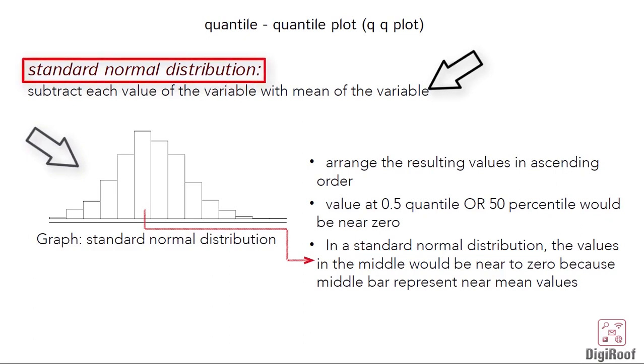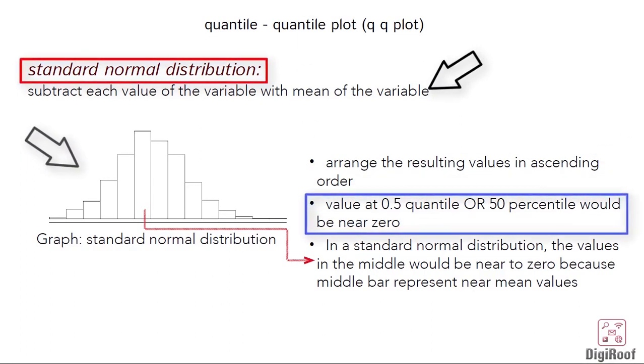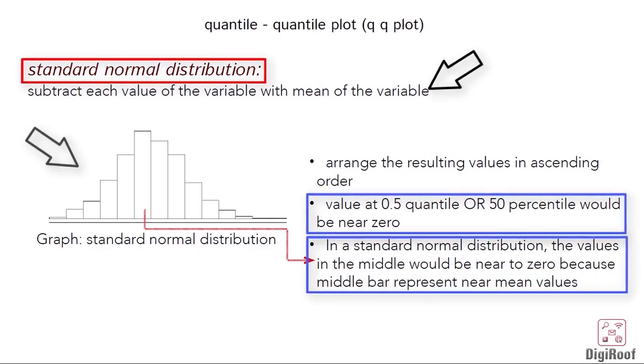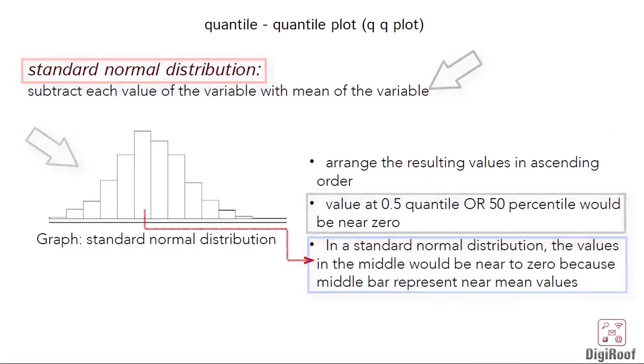Since the distribution is a standard normal distribution, at 0.5 quantile or 50th percentile of this distribution, we would have values that are either 0 or near to 0. If you think about it, for a normally distributed variable, the values at 0.5 quantile are near to the mean of the variable. And since we subtracted each of the values in this variable with mean, the value at 0.5 quantile would either become 0 or near 0.